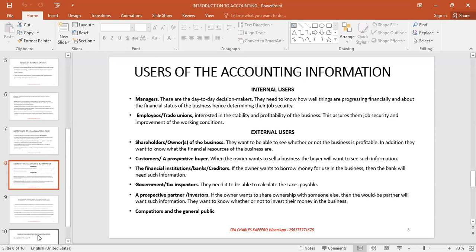Then the other thing we can talk about is the general public and the competitors. These partners and investors, even if I skip them, you can know, because for them, okay, let me talk about them. Prospective partners and investors may be looking at the financial statement in view of when they want to make more investment in the company.